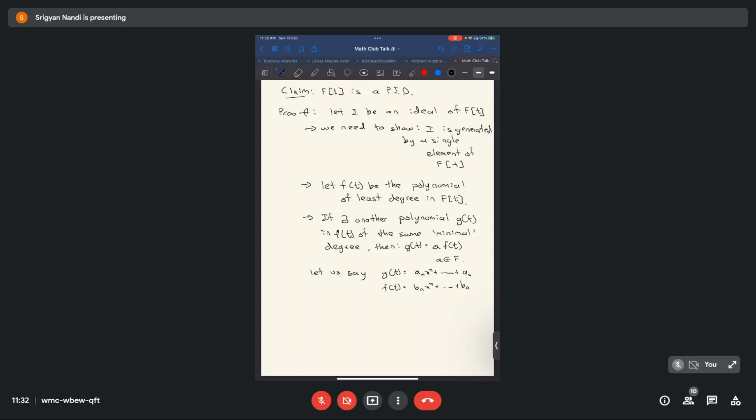They have the same degree. Now a_n and b_n are not equal to 0 since they are of degree n. What we can do is multiply.